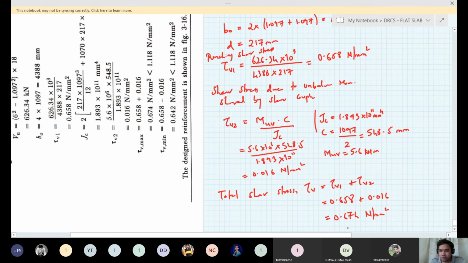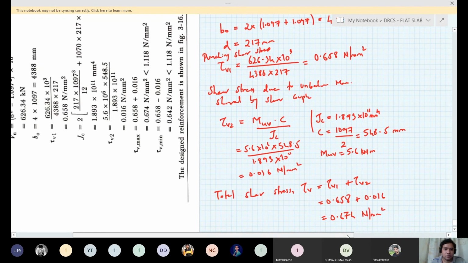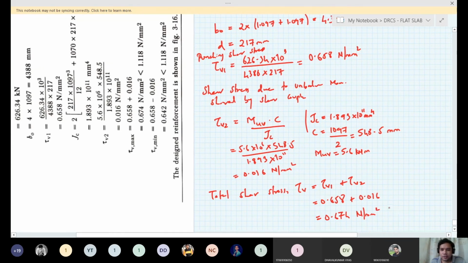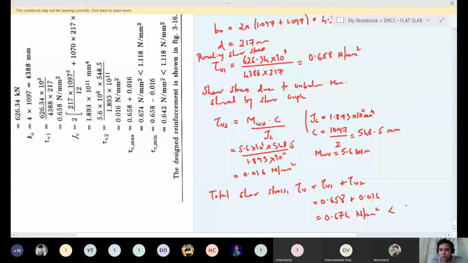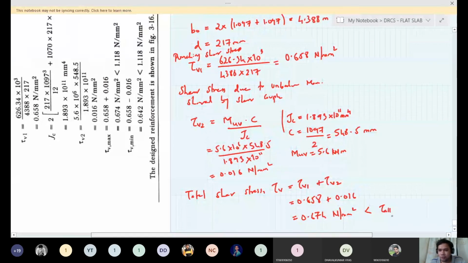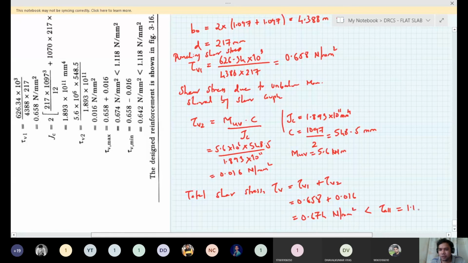Now this value is less than tau allowable, which is equal to 1.118 Newton per mm square. Okay, so your shear is also satisfied.